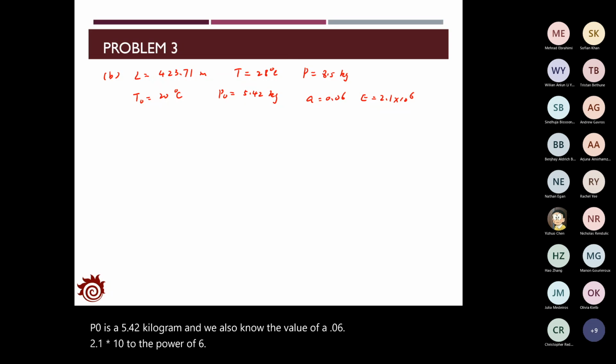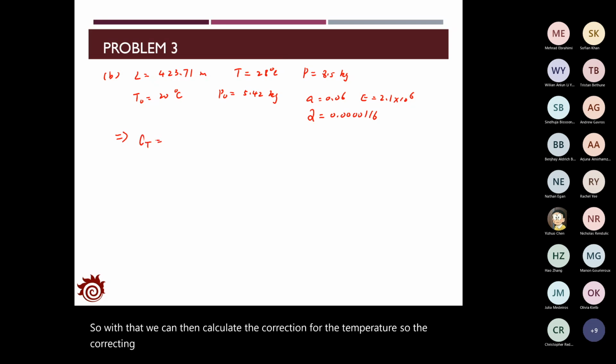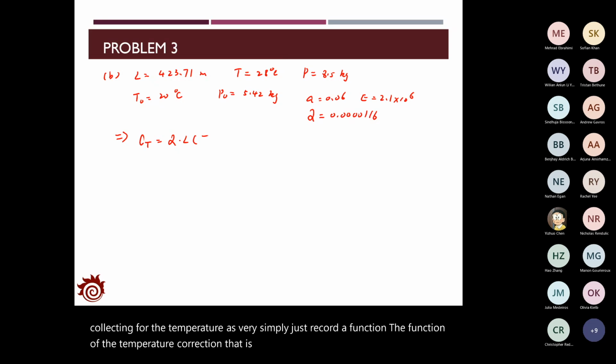And the thermal expansion alpha is 0.000116. So with that, we can then calculate the correction for the temperature. The correction for the temperature is very simple. You just recall the function of the temperature correction, that is alpha times L times (T minus T0).